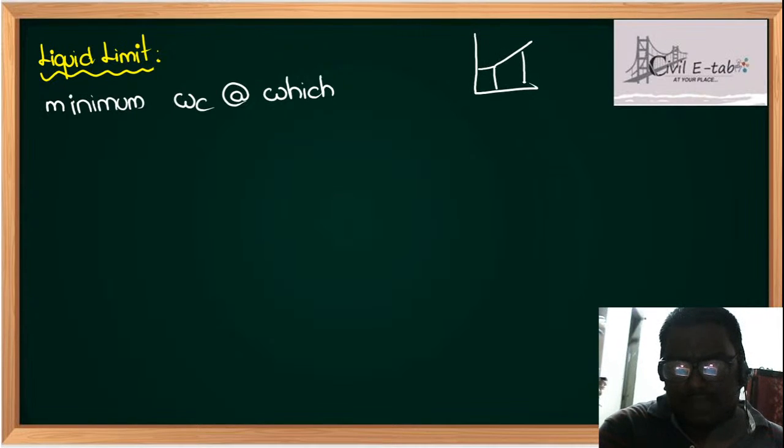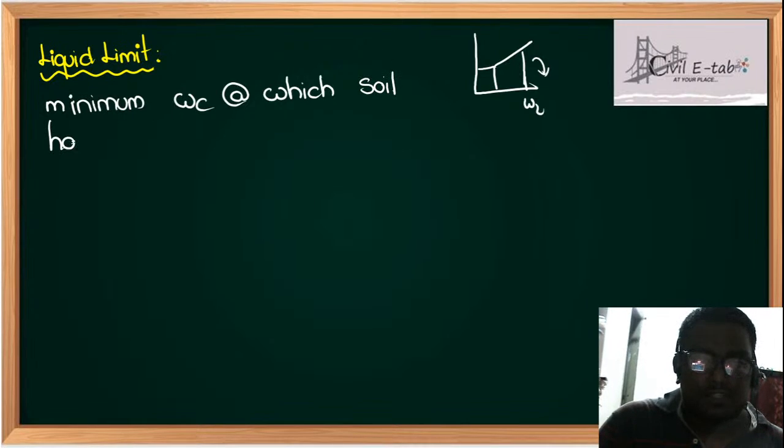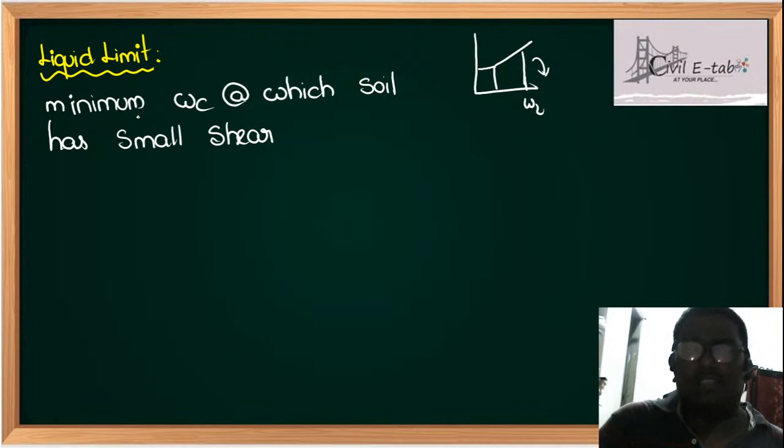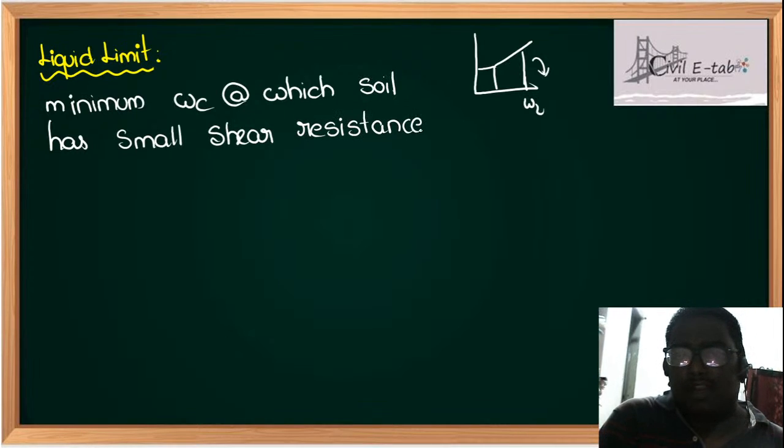If you cross the liquid limit, it will be liquid. So what is the minimum water content at which the soil has small shear resistance? When it is converting into liquid, what will happen? A liquid does not have any shear resistance. That is the reason it is the minimum water content at which the soil has small shear resistance. That is known as liquid limit.